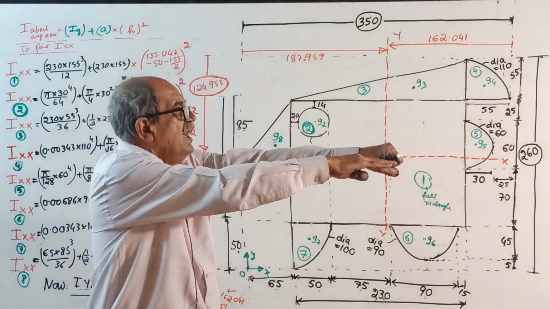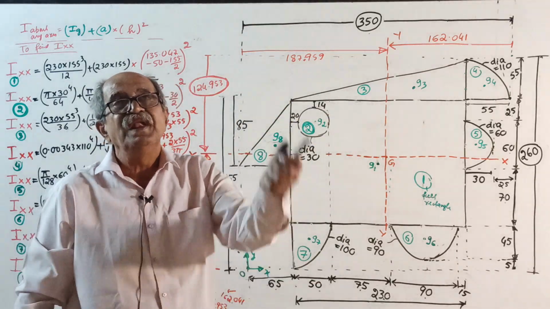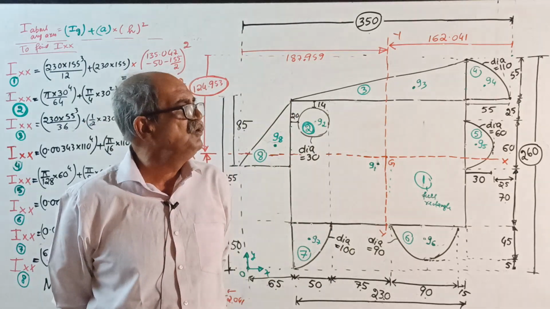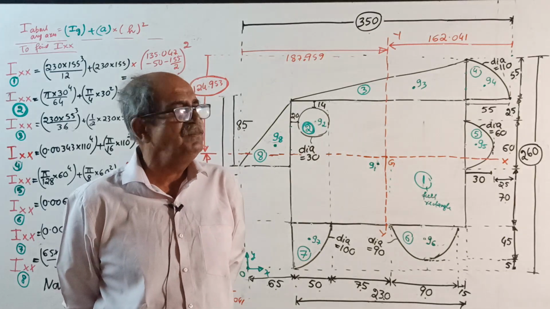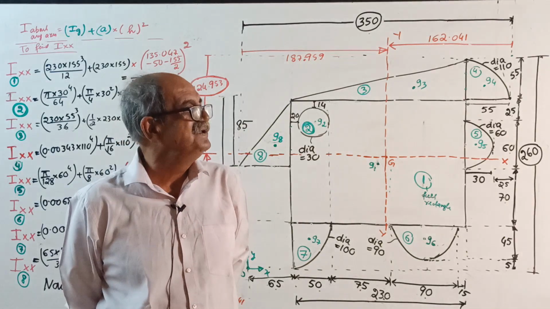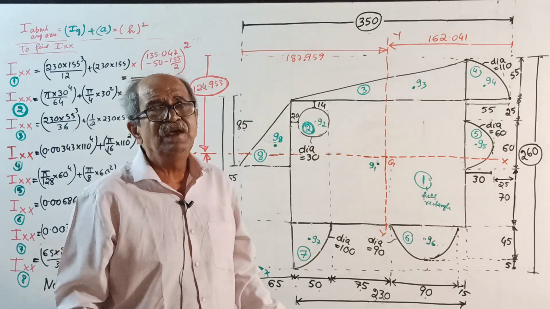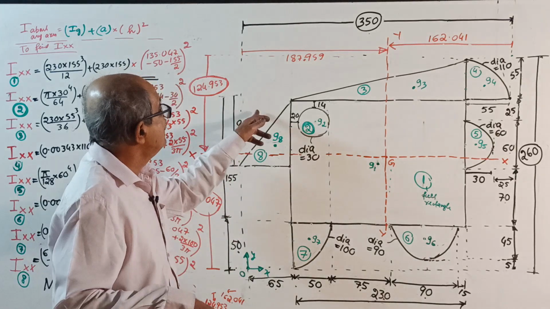So whenever the axis is horizontal, the distance is vertical. Whenever the axis is vertical, the distance is horizontal. Yes, correct, that only I am telling now. But if I tell once again, any problem? No problem, sir. Good, but I am telling for those who had difficulty.